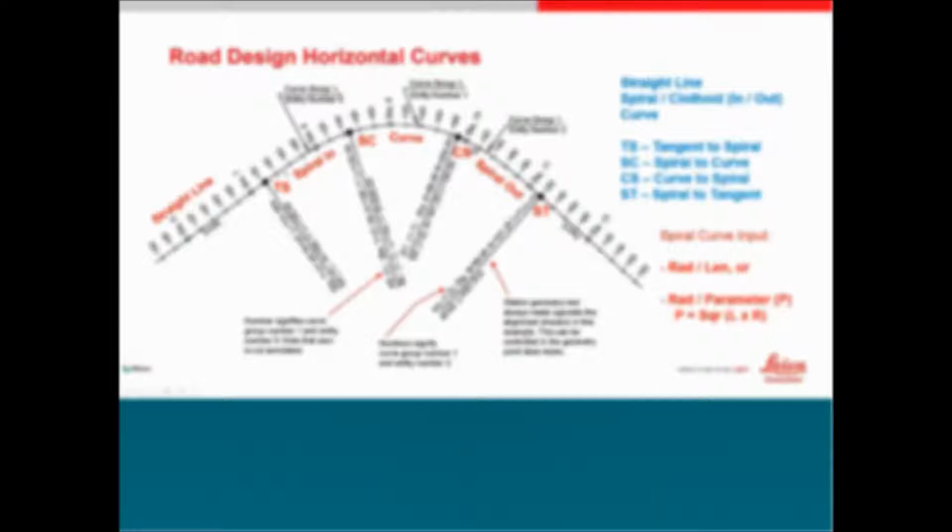And you can see that these are some terms that the contractors or surveyors on site may be asking you about or talking to you about. So TS is tangent to spiral, SC is spiral to curve, CS is curve to spiral, and ST is spiral to tangent.